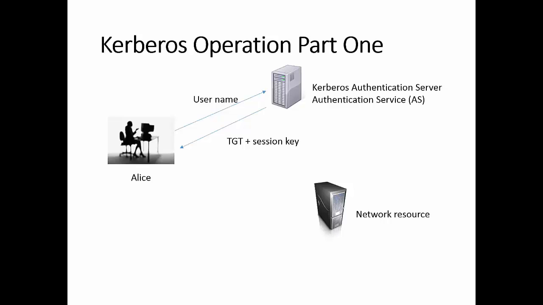One thing to note here is the ticket granting ticket is also encrypted, but Alice doesn't have a decryption key to decrypt it, so Alice doesn't have access to the content of the ticket granting ticket. Now we're ready for part 2.